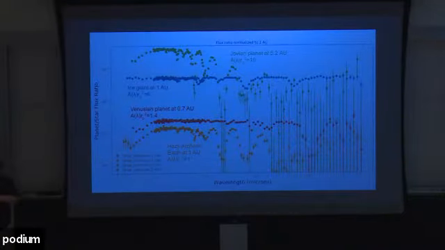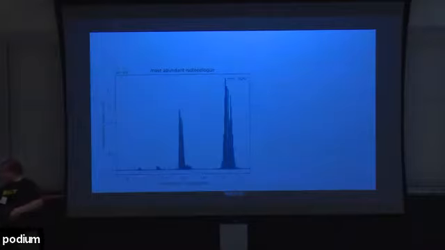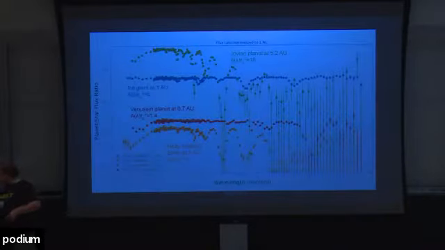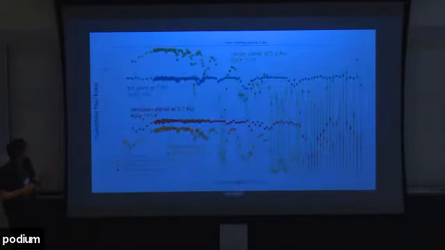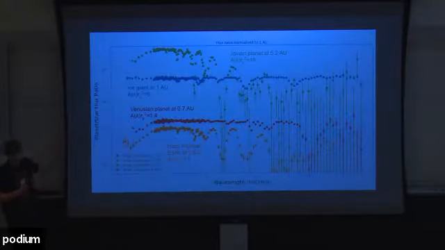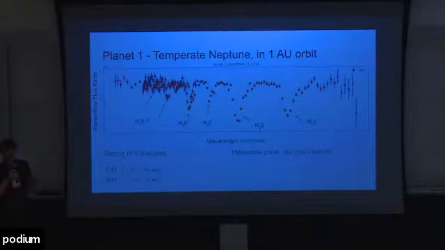So we'll go into the breakdown of each of these independently. So planet 1, if you go back here, that's the one on top. Okay, so we're going to look at planet 1 first. That's the one that's about 20 times larger, radius-wise, than the smallest one.